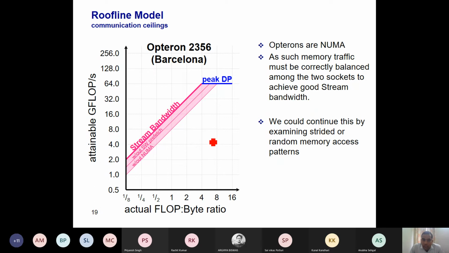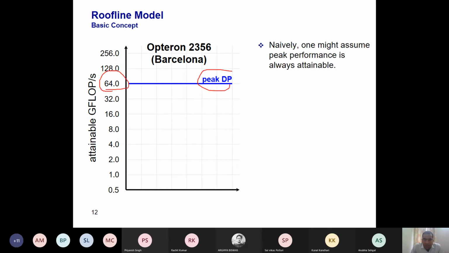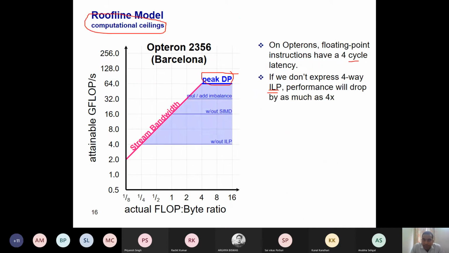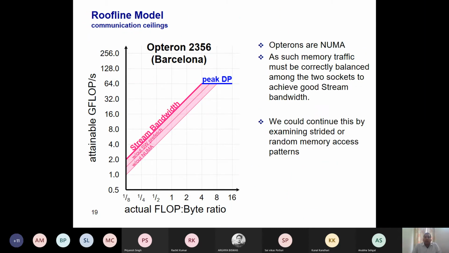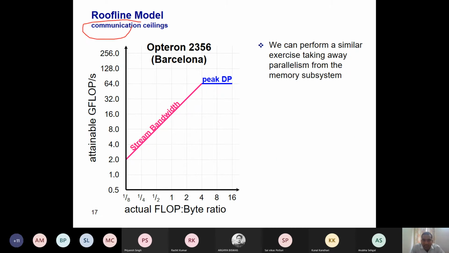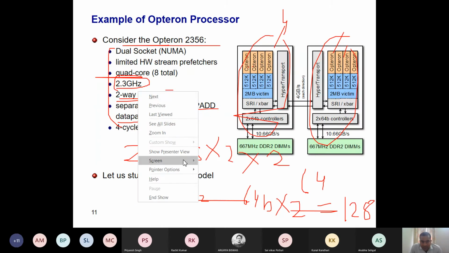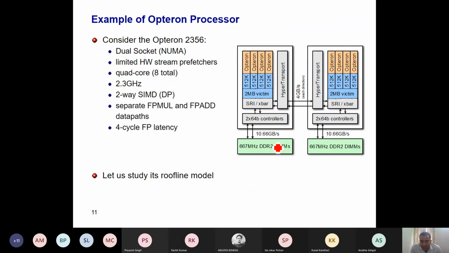Similarly, Opterons are NUMA, right? We showed that Opterons are NUMA. This is one NUMA node, and this is another NUMA node. Half of our DRAM is here, and half of our DRAM is here.